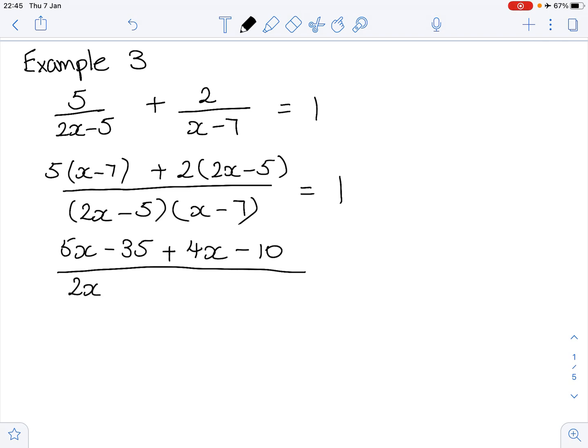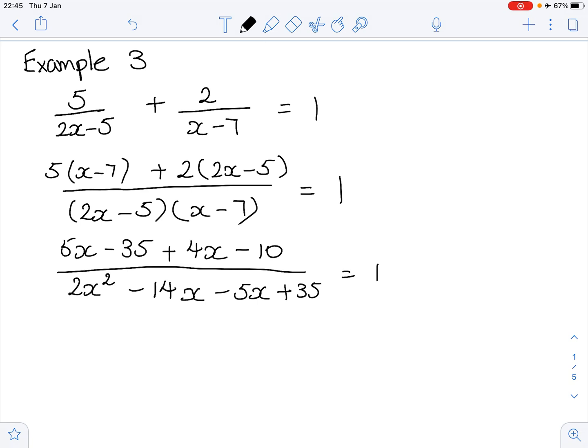Expand our double bracket, so 2x times x is 2x squared, 2x times minus 7 is minus 14x, minus 5 times x is minus 5x, minus 5 multiplied by minus 7 is plus 35, equals 1.